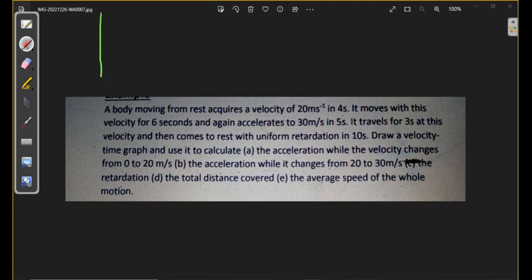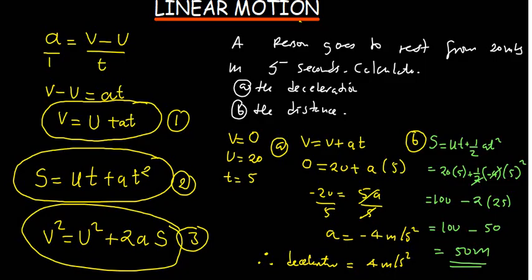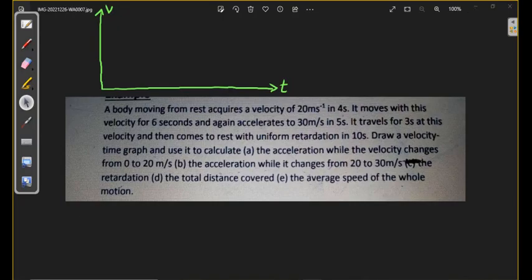So I'm going to put this. On this side we have got time, and on this side we have got velocity. Okay, we're going to start. This position is 0; velocity and time are all 0.